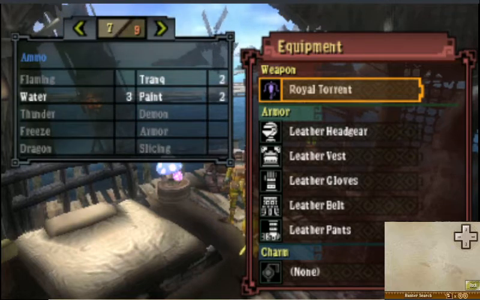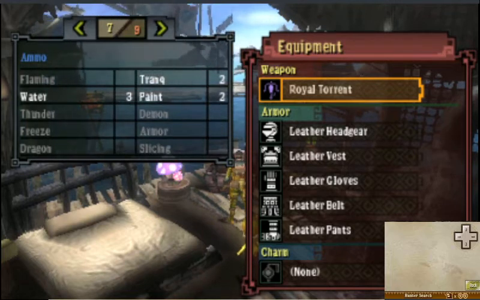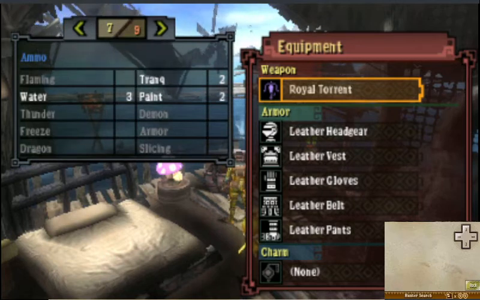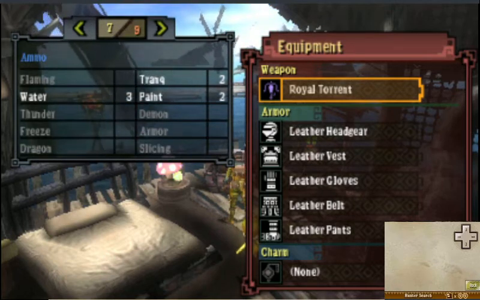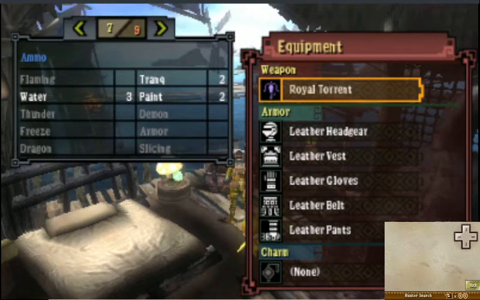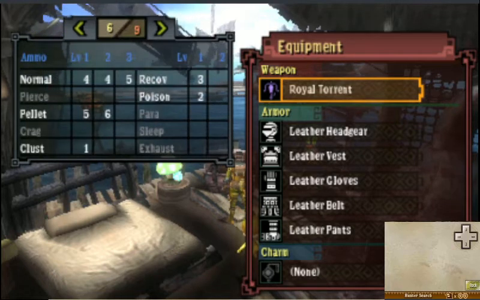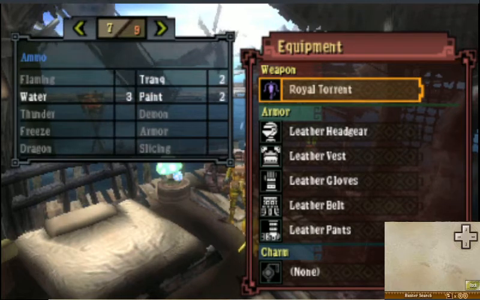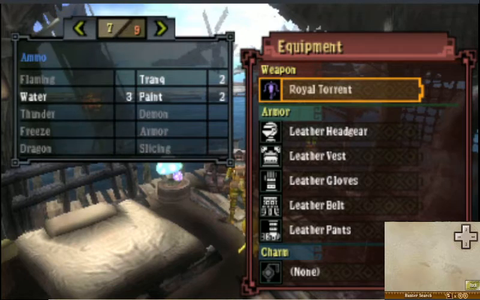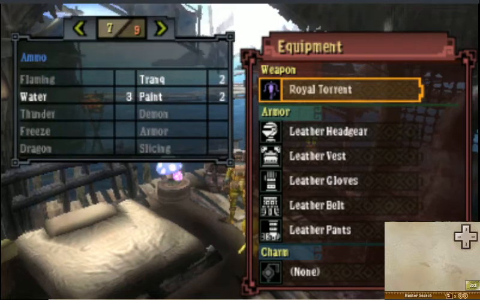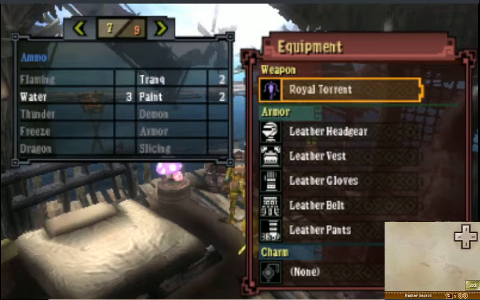Special ammos are the elemental shots such as fire, water, thunder, ice, and dragon shots, as well as the utility shots such as tranquilizers and paint shot.